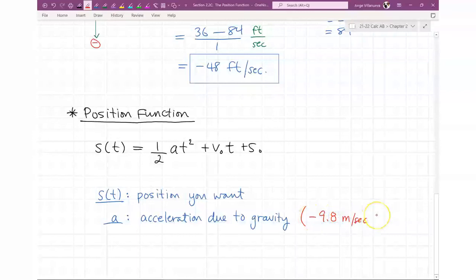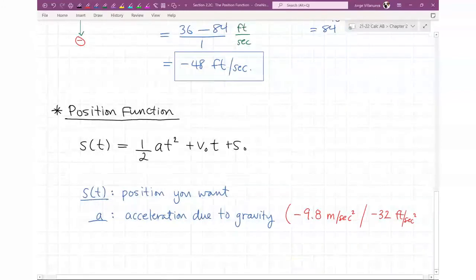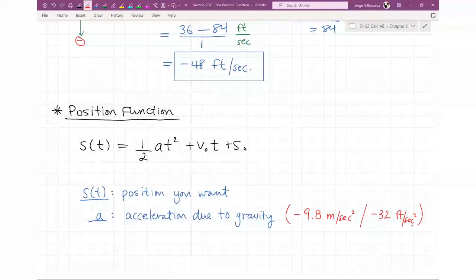But so, does someone know the feet per second squared definition? So negative 32 feet per second squared. I want to give you both because problems will be given to you in meters or in feet.